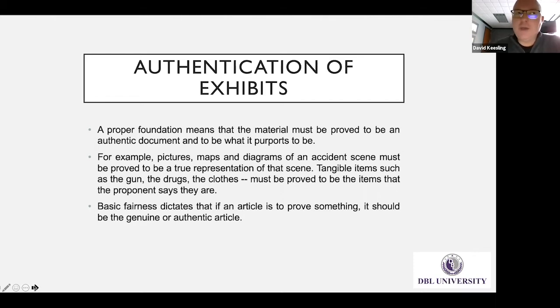You cannot interject things that do not support the underlying facts of your case. You can't create exhibits, for example. You can't manufacture evidence and turn them into exhibits. You have to use documents that are the genuine article that represent facts that occurred simultaneous with or concurrent with the events that you're trying to prove.